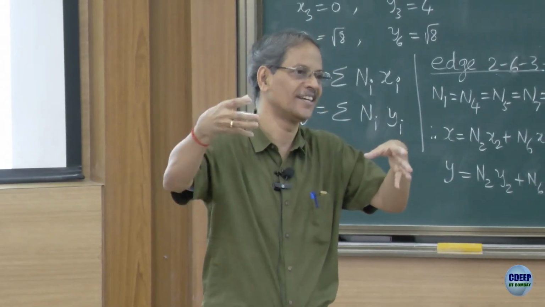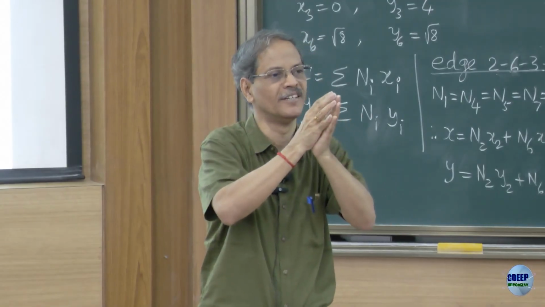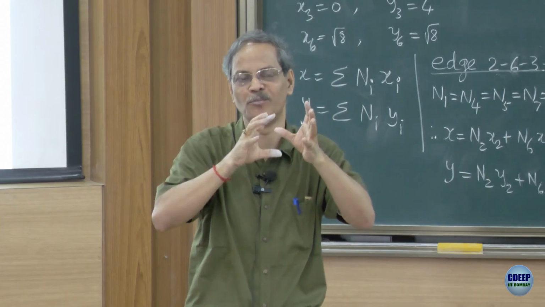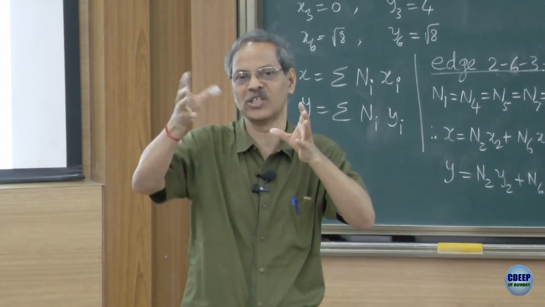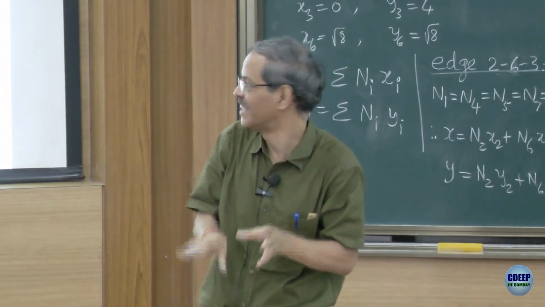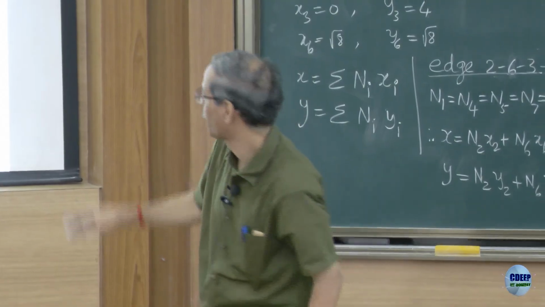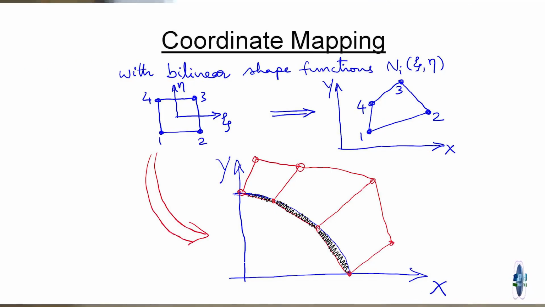Or we took quadratic and all that, then the solution again improved. So the field variables variation is being captured better and better with H and P refinement, that's fine. But now we are seeing that it captures even the geometry better and better as we do H refinement, P refinement. So the discretization errors also will go down as we do H refinement, P refinement.